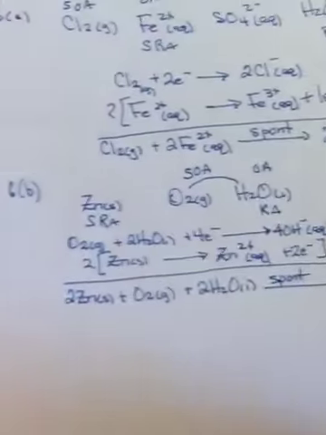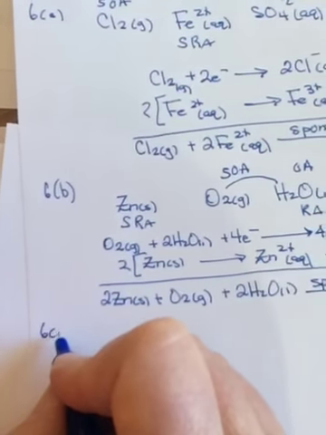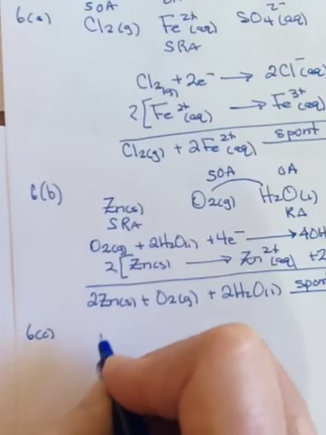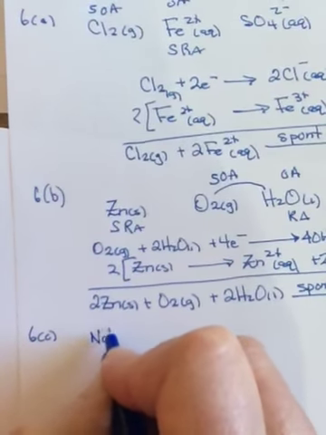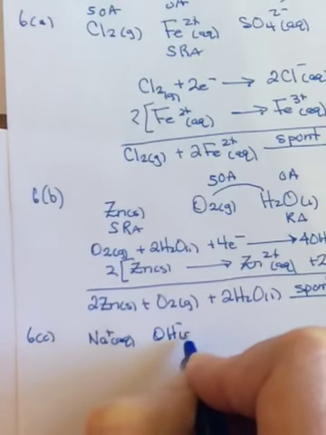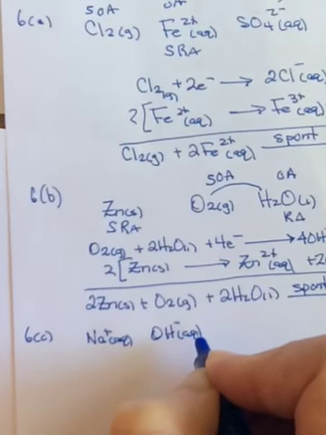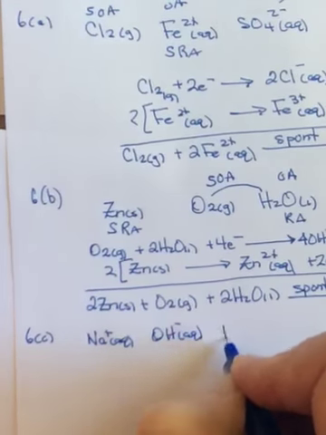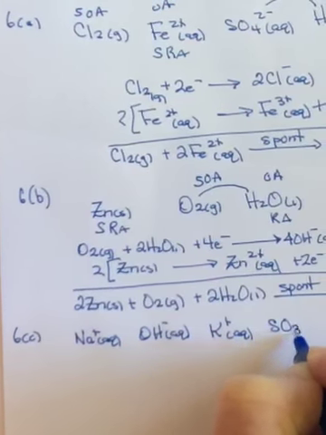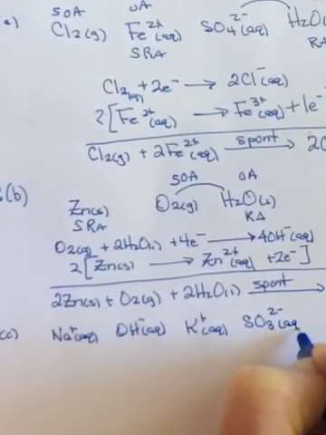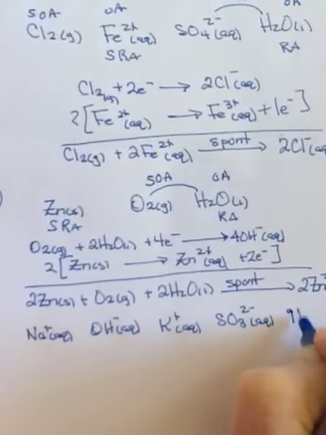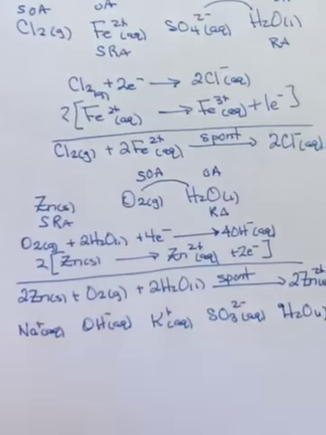One more to go. Not sure if I have enough room, but we'll try. 6C says, for use in a titration, sodium hydroxide, so Na positive and OH negative aqueous, is added to a potassium, K positive, sulfite, SO3 2 negative, solution, H2O liquid.